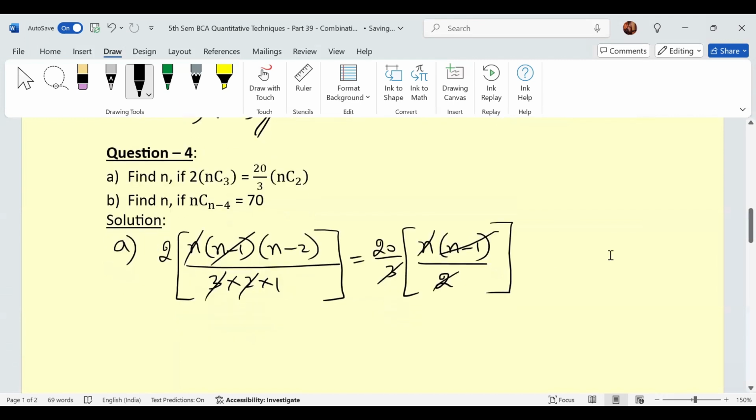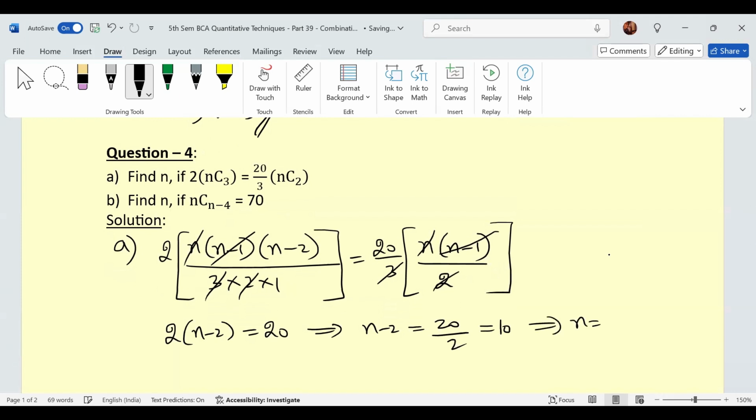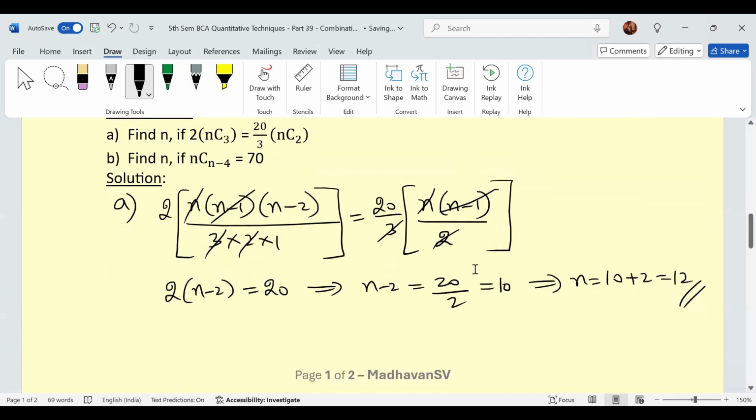So we will be left with 2 times (n minus 2) is equal to 20, which means n minus 2 is 20 divided by 2, which is 10. So that means n will be 10 plus 2, which will give us 12 as the result. Let us move on to part B. I will go to the next page.